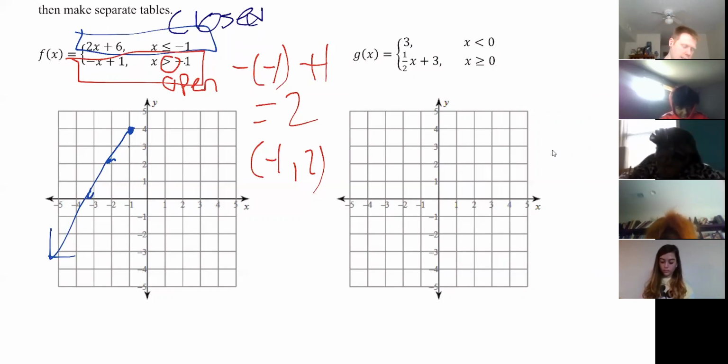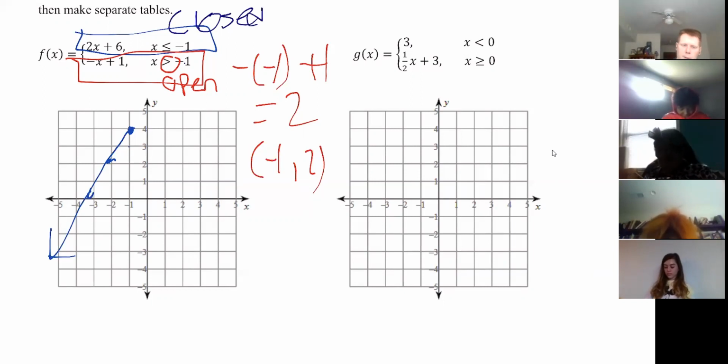The top function, the blue function, starts at -1, includes -1, and is everything smaller than it. The red function starts at -1, doesn't include it, but it's everything bigger than -1. So that inequality tells us where our function begins and which direction it goes.